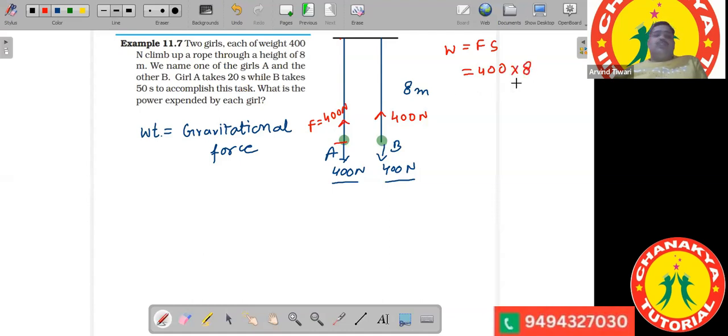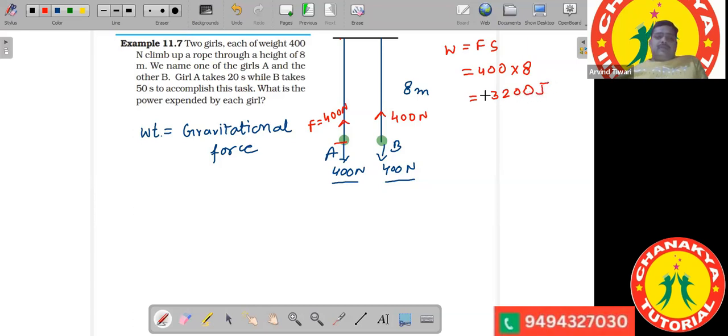This is same for both the girls. If you multiply, you get 3200 joule of energy expended by them, or the work done by them is equal to 3200 joule.